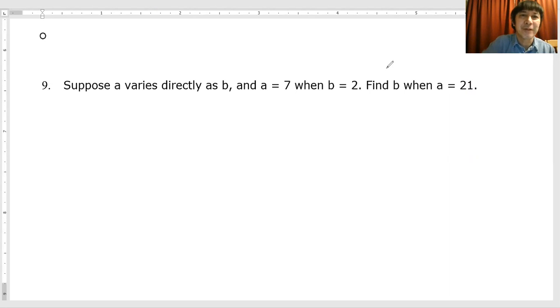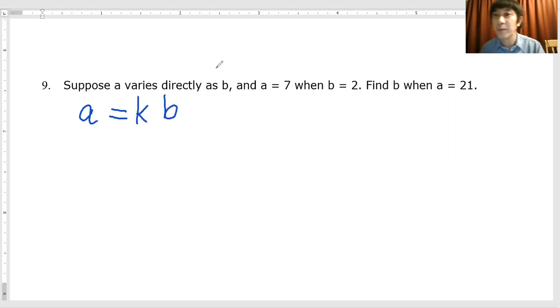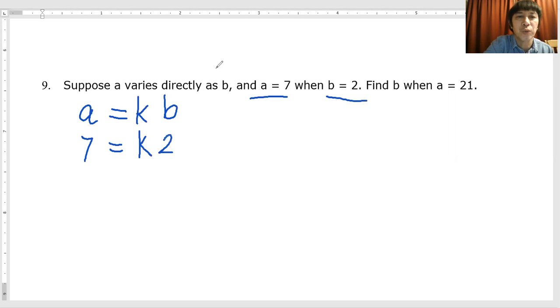So let us establish the equation first. Suppose A varies directly as B. The variables involved are A and B. And we have values here. A equals 7 when B is 2. So that means we can use the 7 here for A. The K is supposed to be solved, and B is now 2.